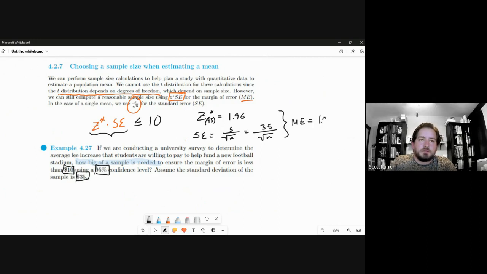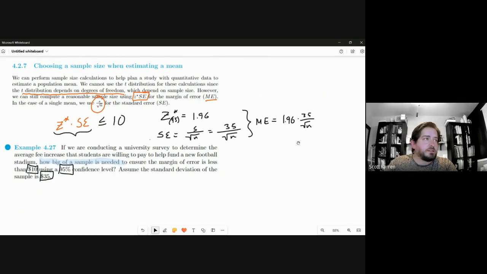So that makes my margin of error 1.96 times 35 over root N, and I want that value to be less than $10. Then I just solve this for N. There's a couple of ways I can do this.